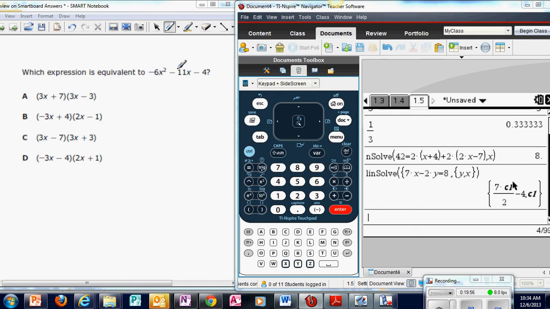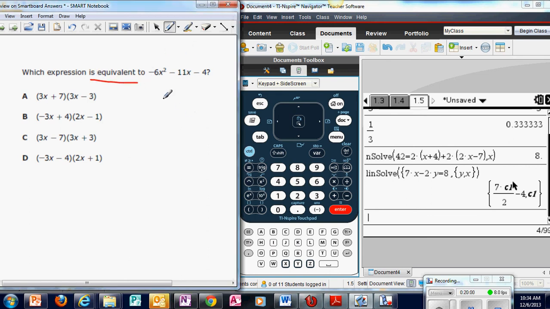Which expression is equivalent to negative 6x squared minus 11x minus 4? Well, you have a quadratic that's in standard form, and you have factored forms of what looks like quadratics because I have an x term in each of these binomials. First thing I want to do to narrow down my answers to not waste time on the calculator is I notice the coefficient of the quadratic is a negative.